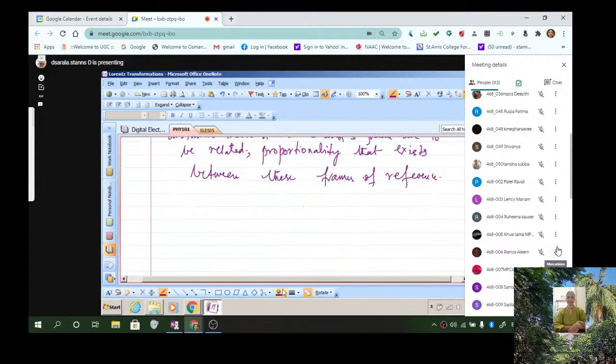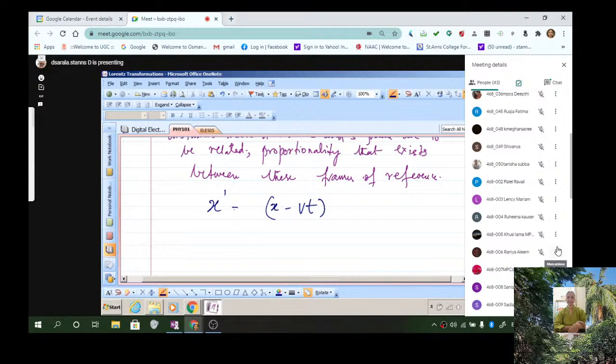Let us assume that x dash is equal to, you remember x dash was equal to x minus vt using Galilean transformations. We made this as equal.